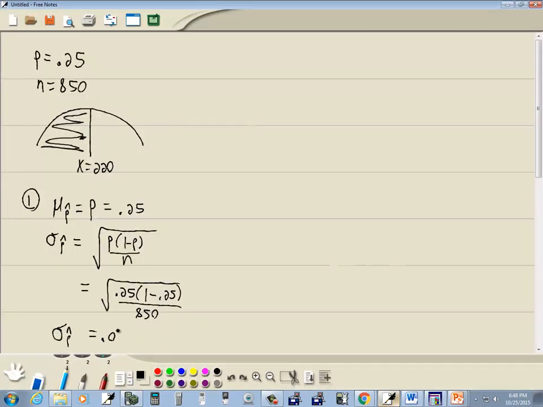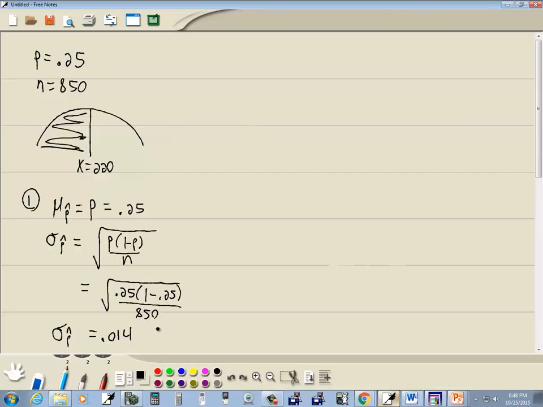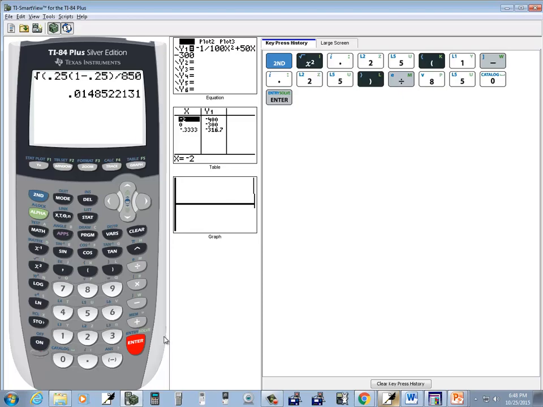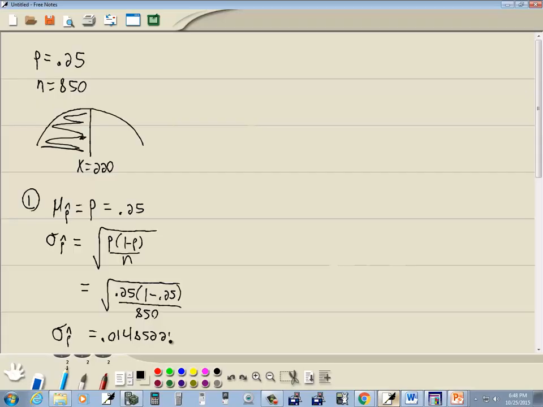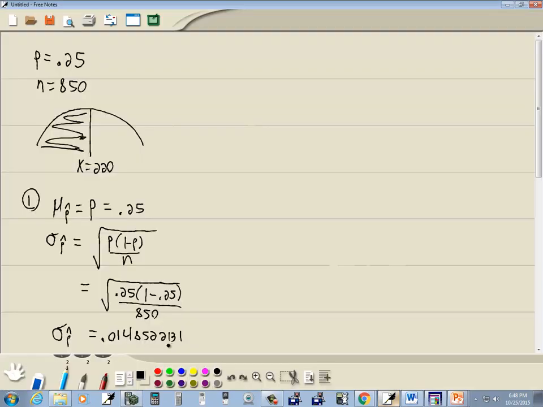Now you don't want to round this, so you want to take it to all the decimal places. 0.0148522131. If you're comfortable with storing things on your calculator, you can store it in the memory. I'll just write it out, just to keep this video fairly simple.